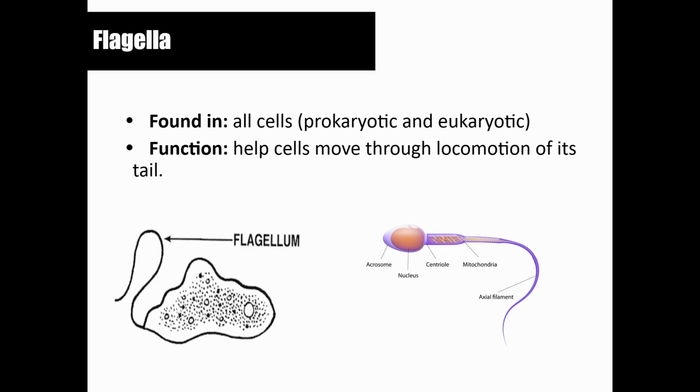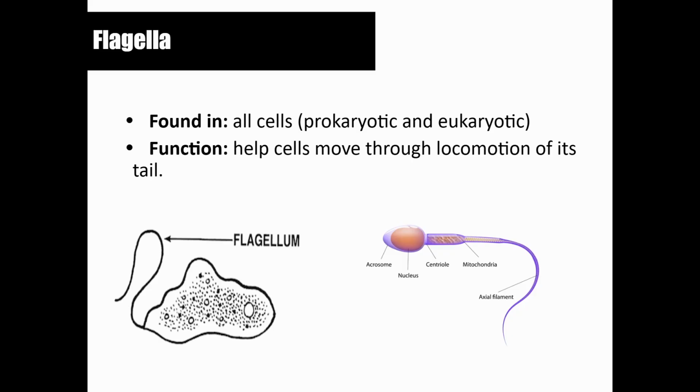I just have to make a comment, as usual, that flagella is not strictly an organelle, but in this case, we're going to consider it as part of that. Flagella is a specialized set of, if you will, cytoskeleton. They are found on the outside of a cell. So when they say found in, we're not talking about the actual location.